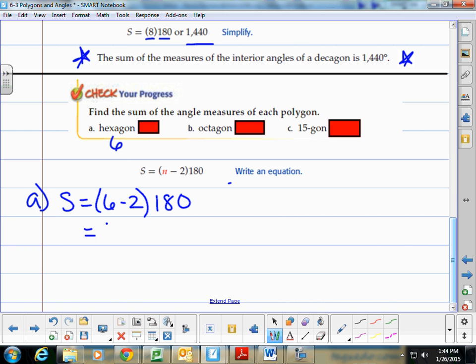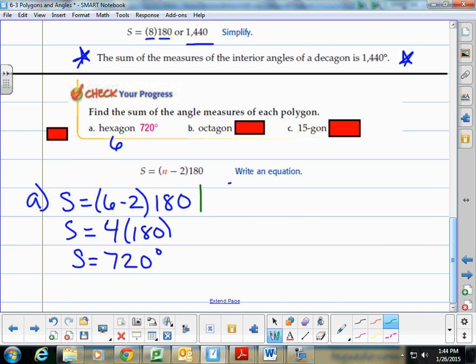So we get the sum is equal to 4 times 180. So the sum of the angles is 720 degrees. The sum of all of the angles in a six-sided figure, all of them added up, is 720 degrees.